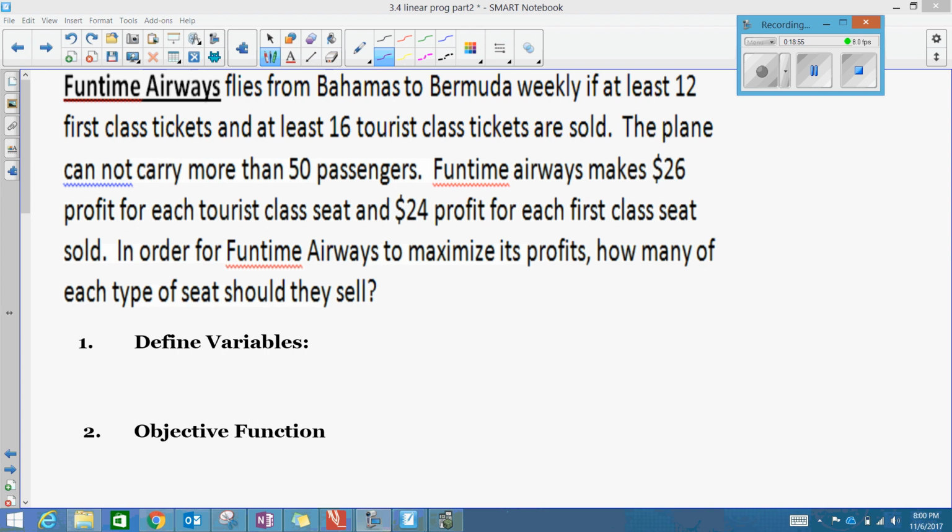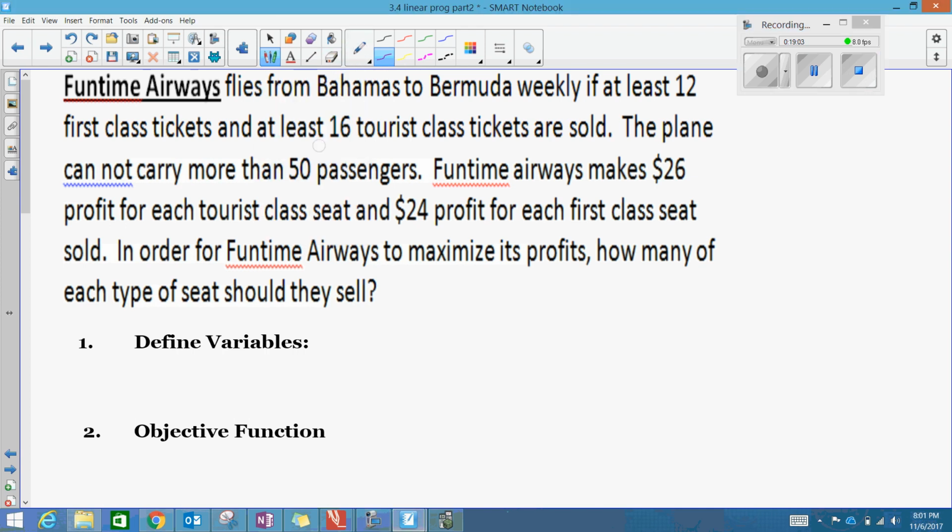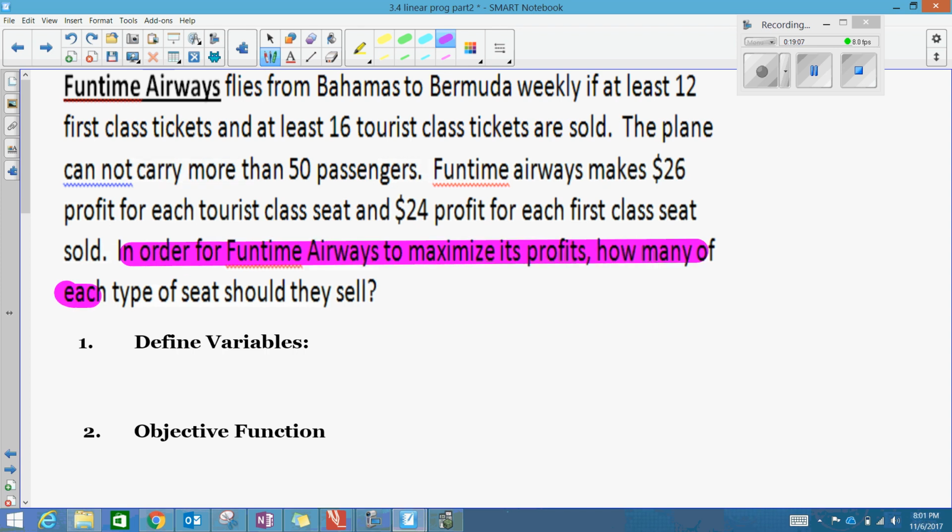Now we're going to set it up. This is all about airlines and tickets. First we're going to jump to the main question: in order for Funtime Airways to maximize profit, how many of each type of seat should they sell? The types of seats are going to be our variables.